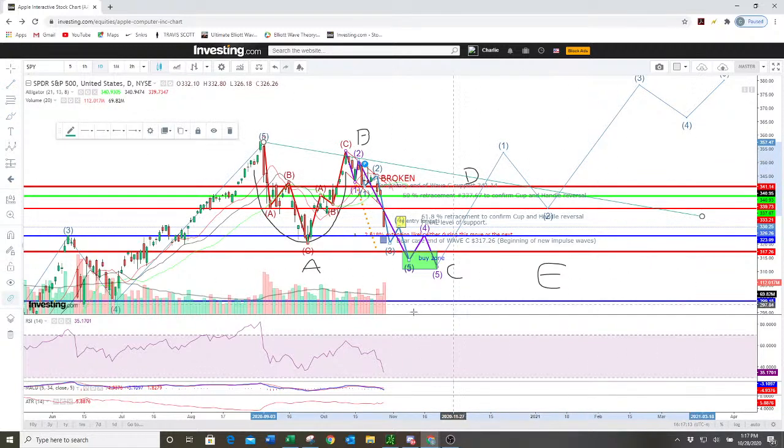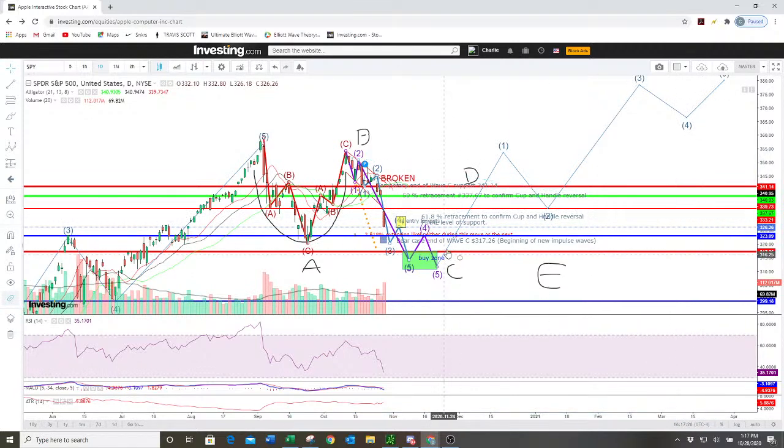It'll make this kind of shape here, some sort of triangle like that. It might even narrow out much smaller. But either way, the prediction is the same. I think we move up in an impulsive way once we get into this zone.